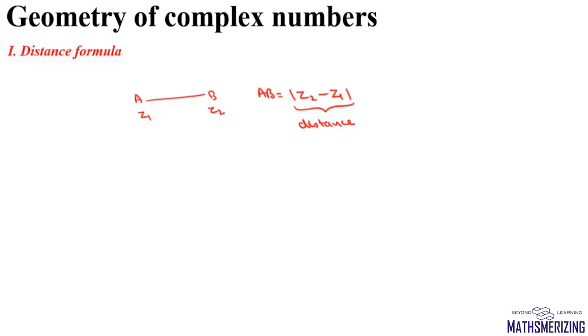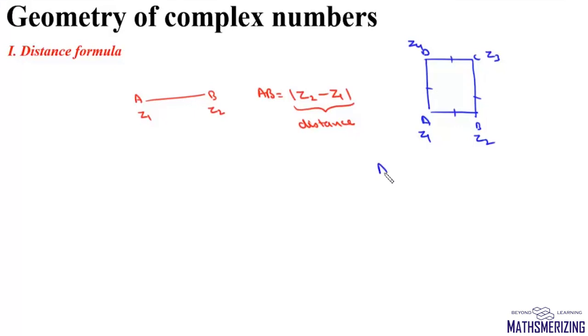Say for example, suppose we have a square ABCD whose vertices are represented by Z1, Z2, Z3 and Z4. Now in a square we know that the lengths of all sides are equal.